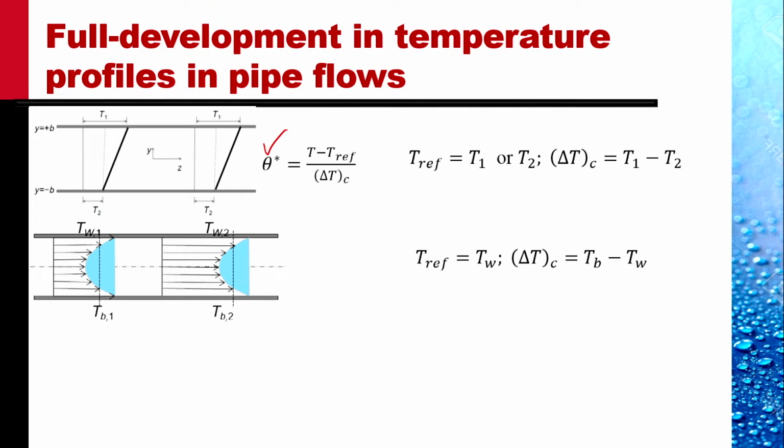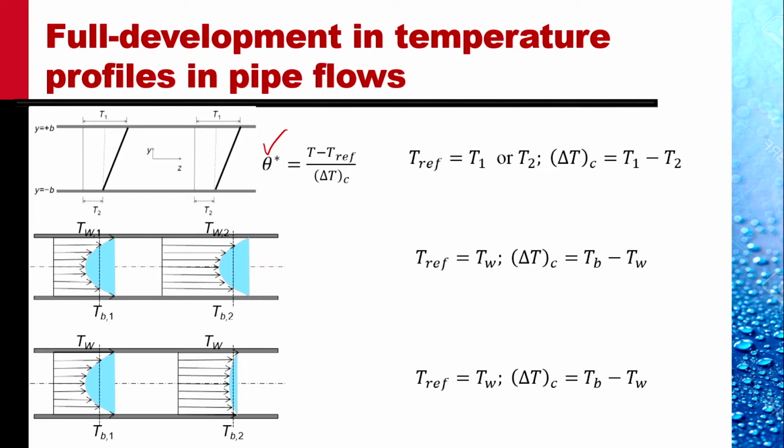So, TW is changing with Z. Delta Tc is changing with Z. But T minus T reference divided by delta Tc is invariant with Z. The final case we did was a constant wall temperature in a pipe.